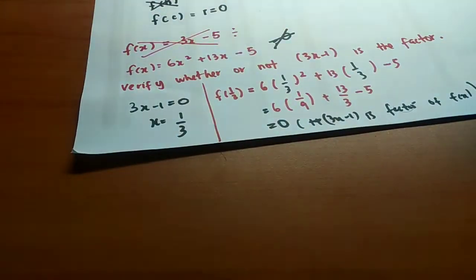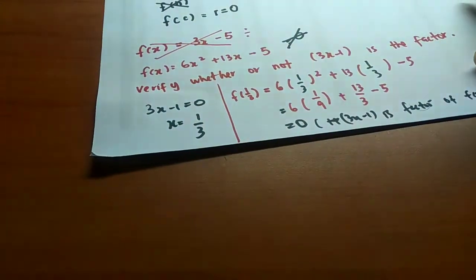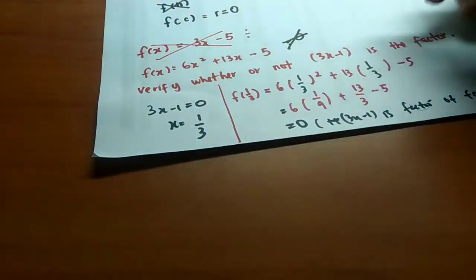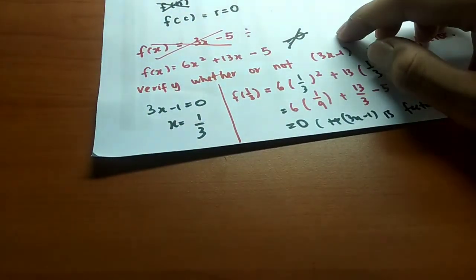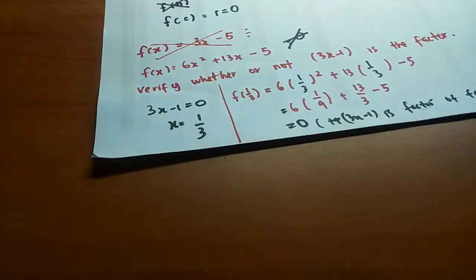So basically the factor theorem is actually the special case of the remainder theorem, and the question always asks us to verify or to prove whether or not the function f of x has the factor of like 3x minus 1 or not, like that. Okay, I think that's all.